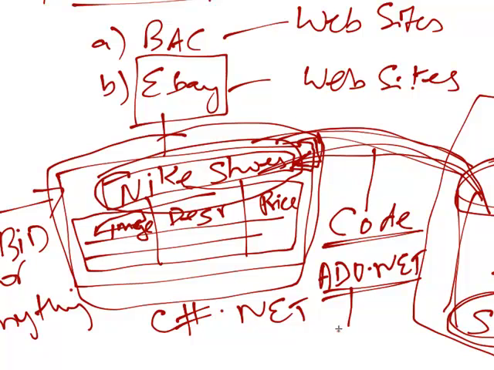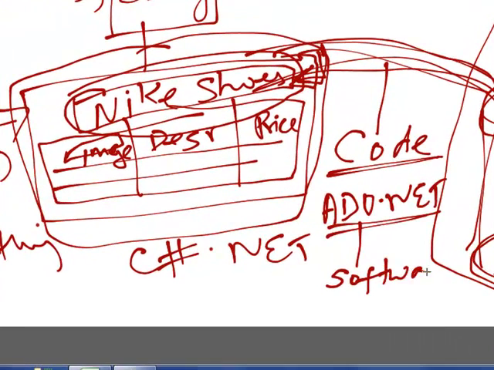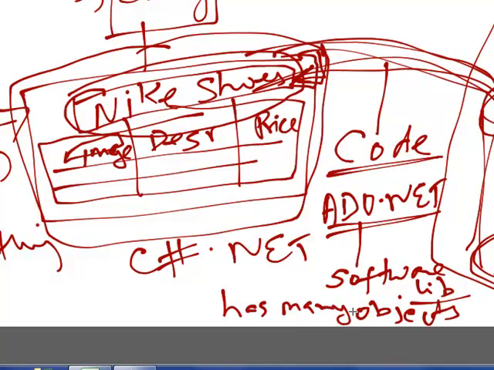What ADO .NET is, is a library. When you go to a books library, it's a collection of books. ADO .NET is a software library, and library means collection of objects. So this ADO .NET has many objects.